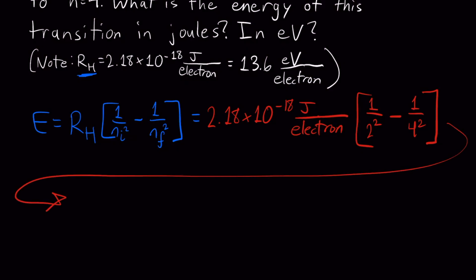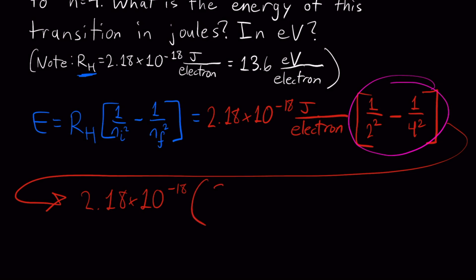First thing you want to do is combine this. With a common denominator, that's going to be 2.18 times 10 to the negative 18 times 3 over 16. 2 squared would be 4, and 4 squared is 16, so you combine the denominators to get this number here.